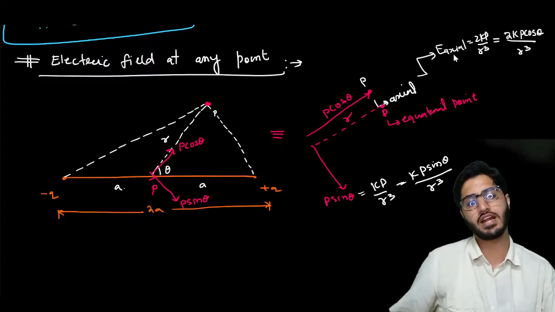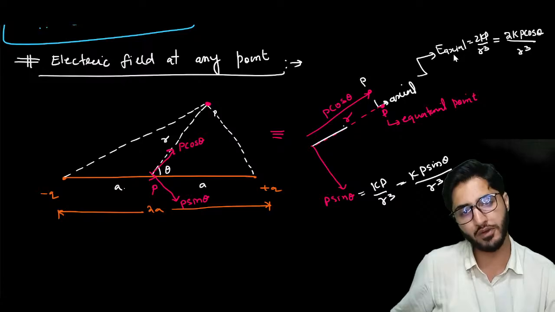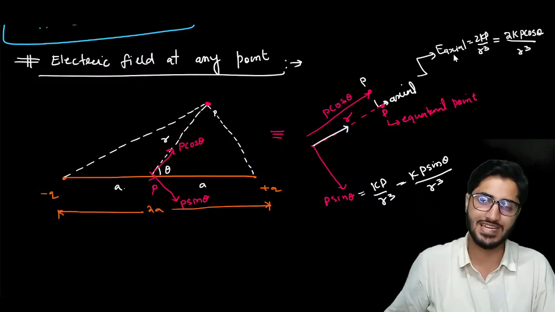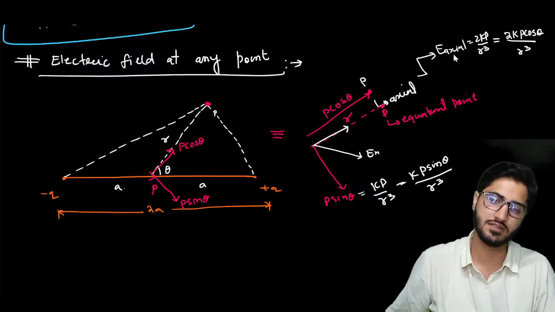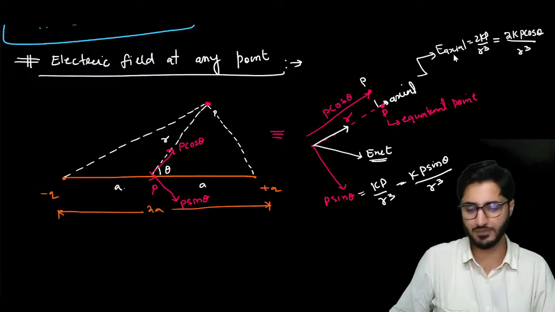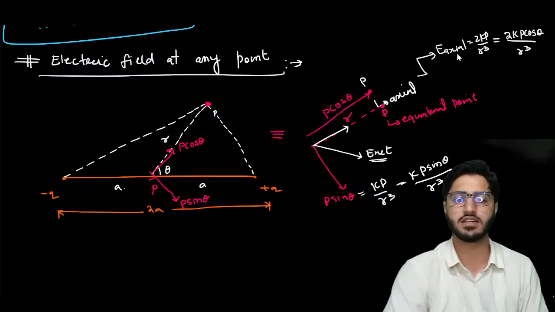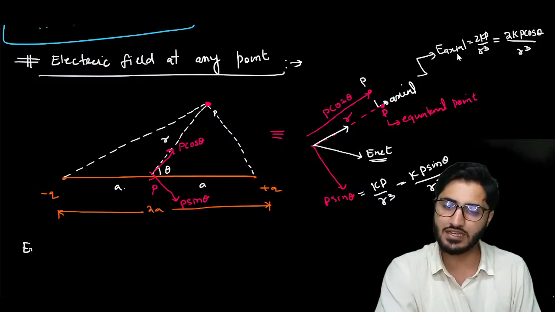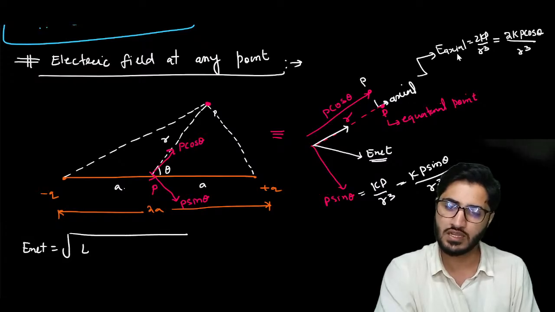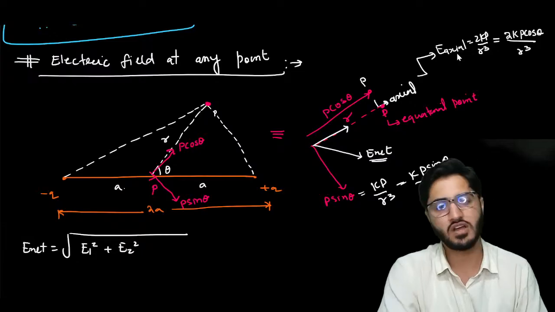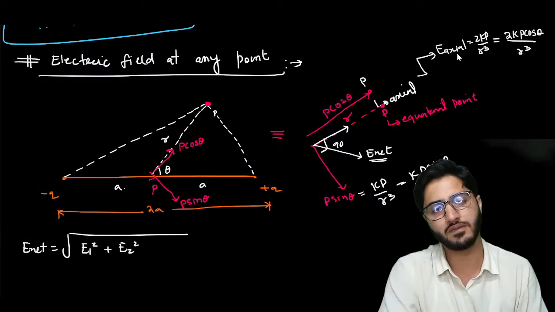We now have two electric fields, both perpendicular to one another. So E net will be like this. E net equals the square root of E1 squared plus E2 squared, because these are at a 90-degree angle.